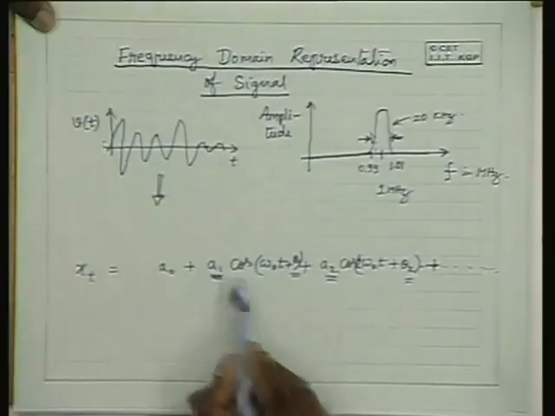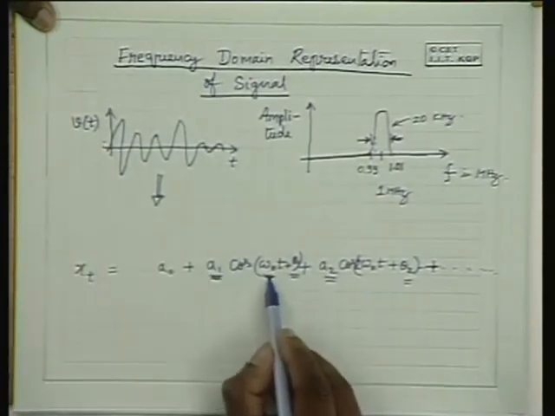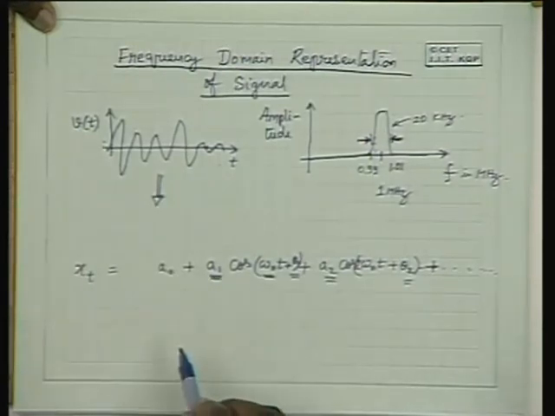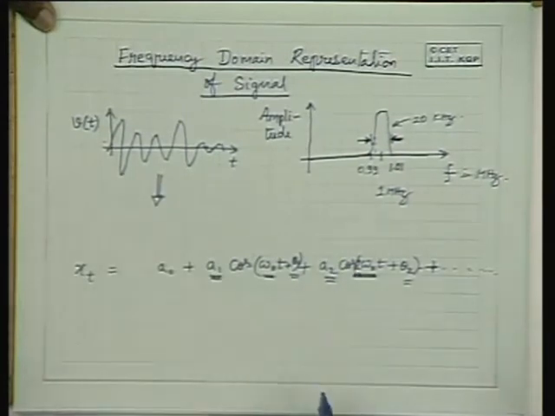Now, a spectrum is a plot of amplitude versus frequency. This component has a frequency omega naught, and A1 is its amplitude. This has a frequency component 2 omega naught, its amplitude is A2.